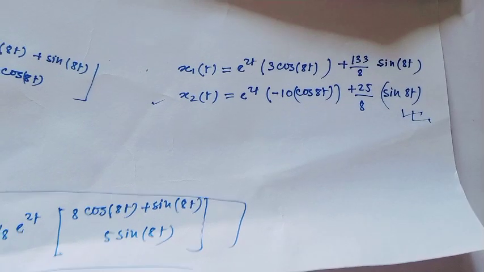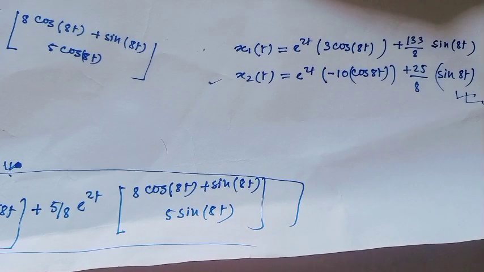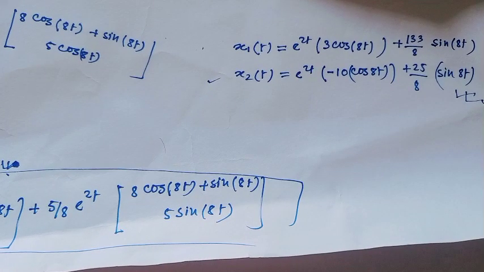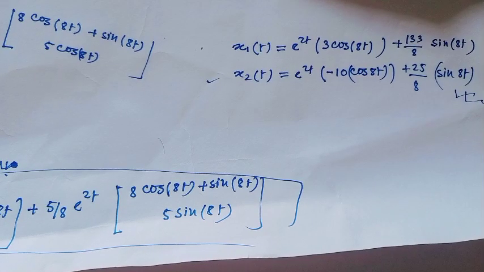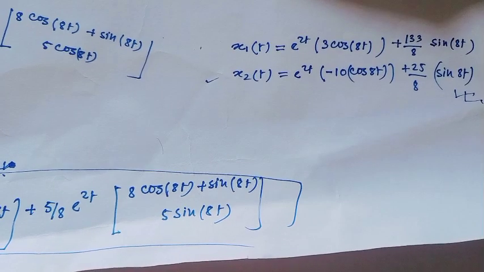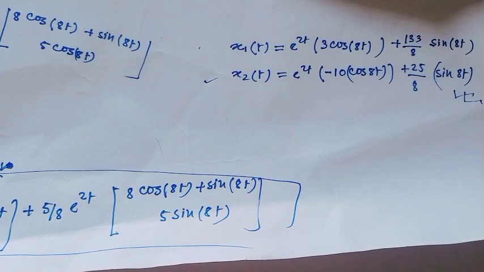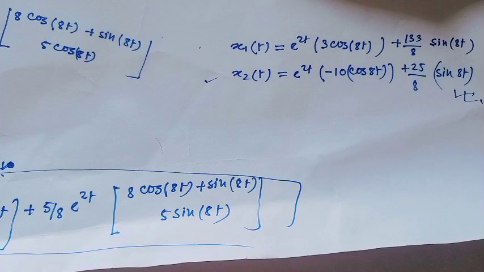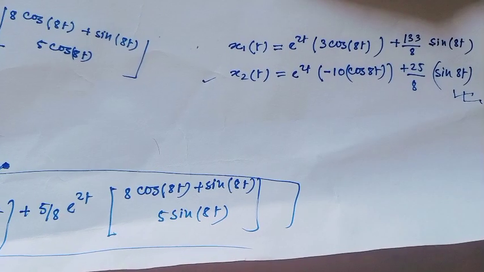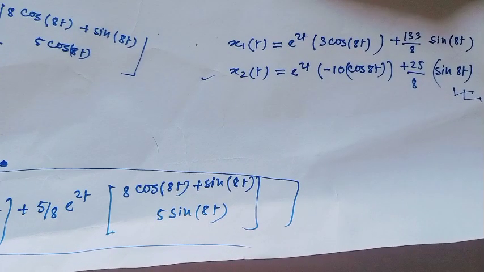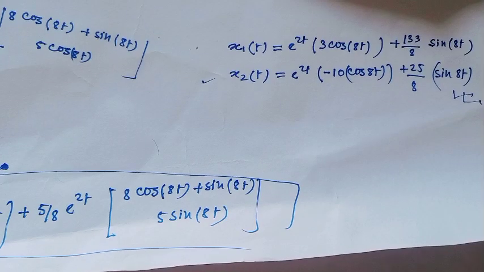Next question. With respect to the eigenvalue 2 plus 8i, I have got two linearly independent solutions x1(t) and x2(t). So for the other eigenvalue, we need not check the eigenvector. Okay?